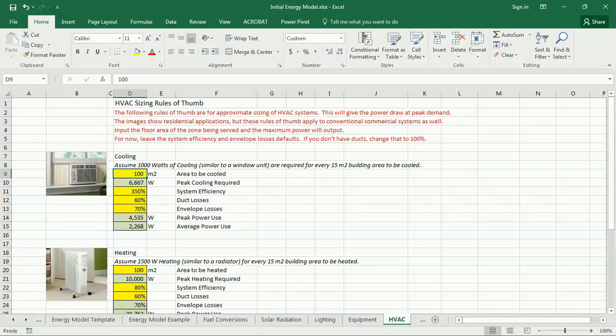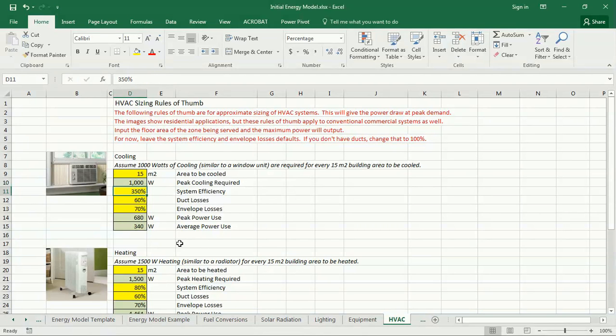So right here, if I input 15 square meters, then that's going to show that 1,000 watts of cooling is required. And if you read down here vertically, there's a whole bunch of different inputs, and you can choose to change them, or you can accept the defaults if you don't know quite yet what you're doing, which is totally understandable. We'll get to all this later in the semester.